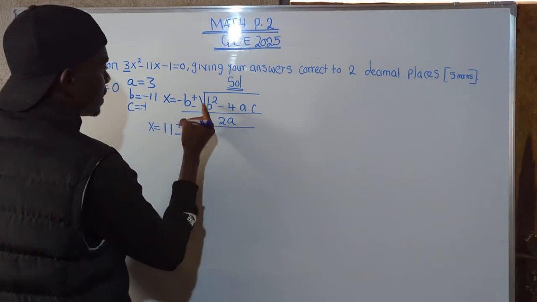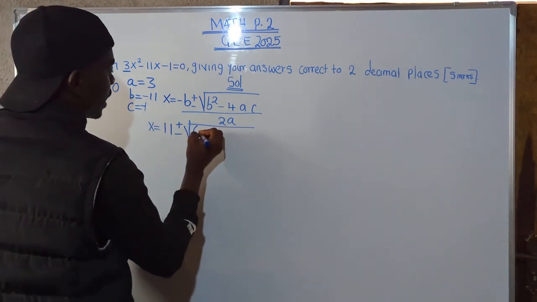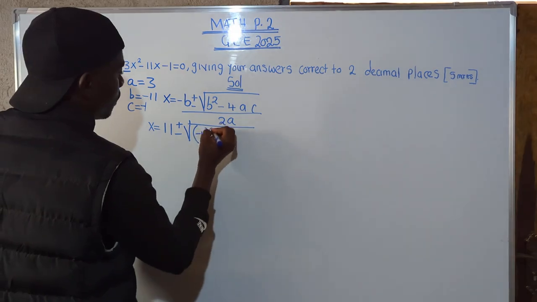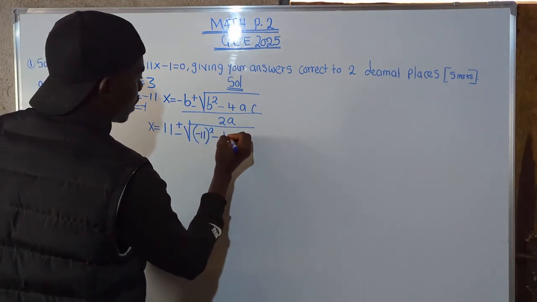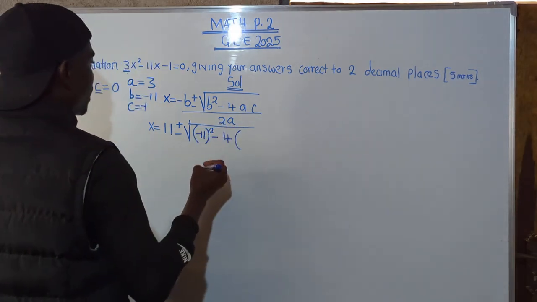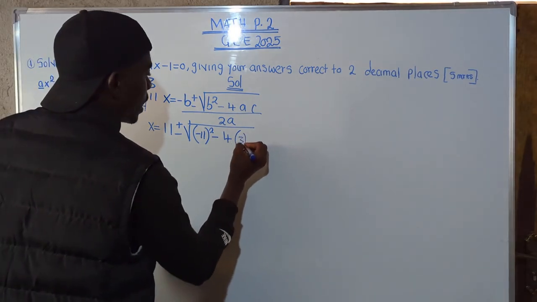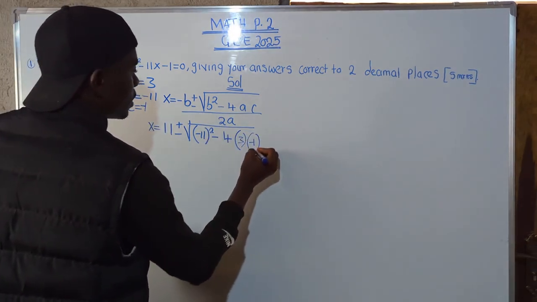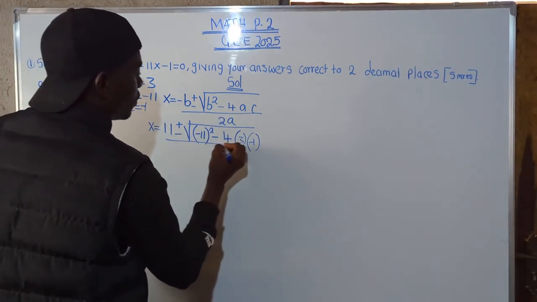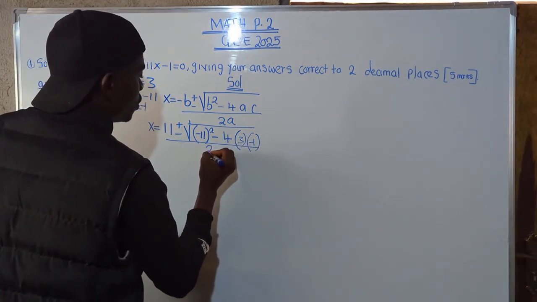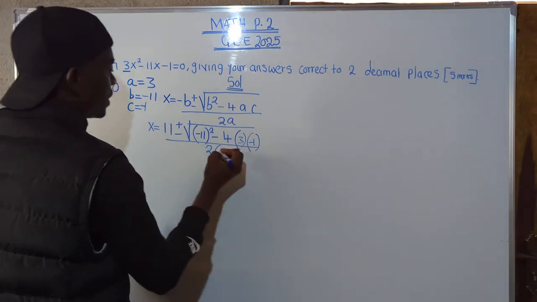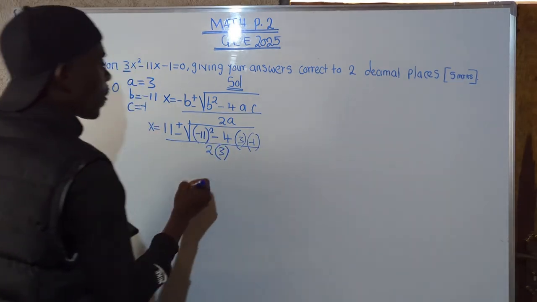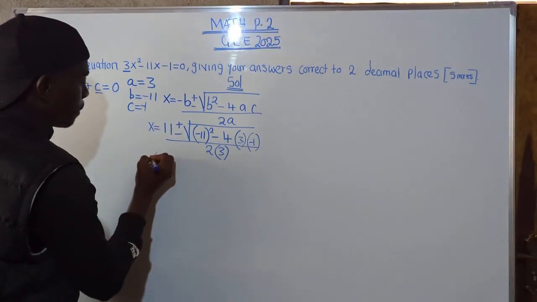Then of course, where there is b, you are going to put your negative 11 power 2. Where there is a, you are going to put your 3. Where there is c, you are going to put negative 1. And then it's going to be all over by 2. What is a? A is actually 3.